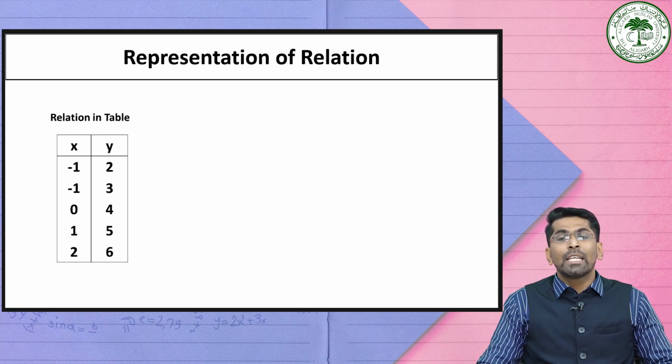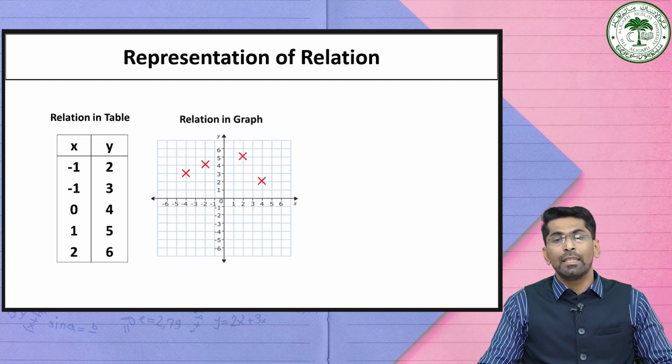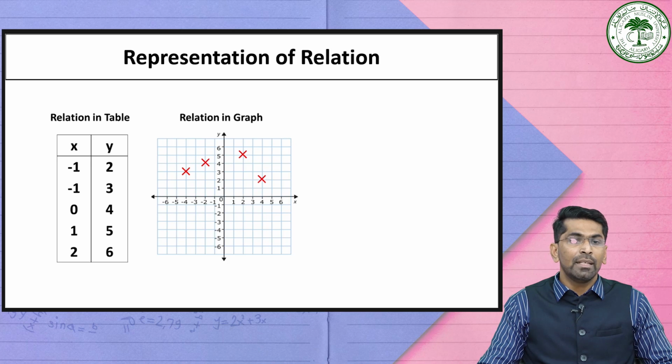Now, we can also express the individual pairs of a relation using the graphical method. Here a graph paper is given, and we locate the pairs at specific intersection points on the grid.